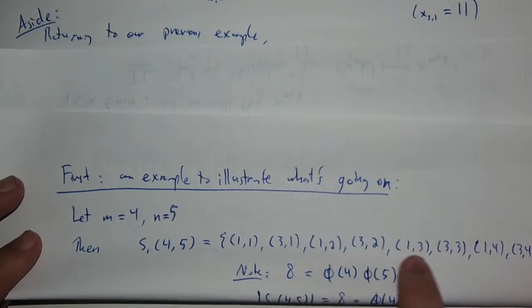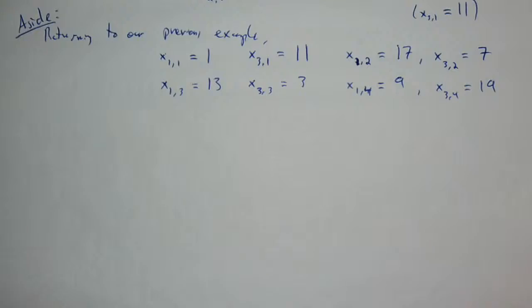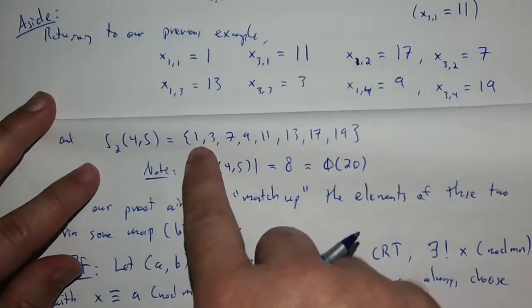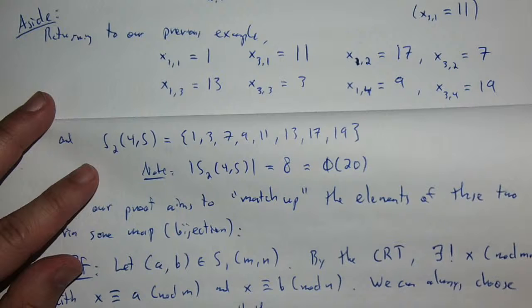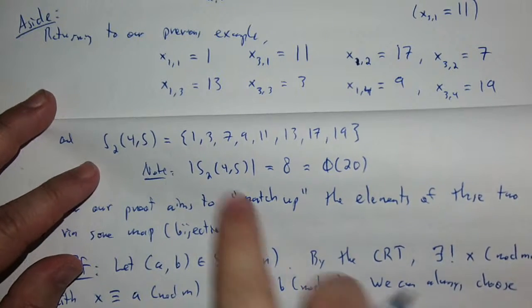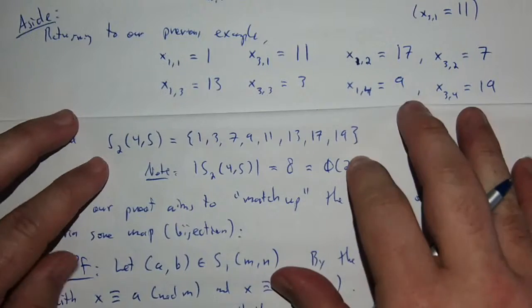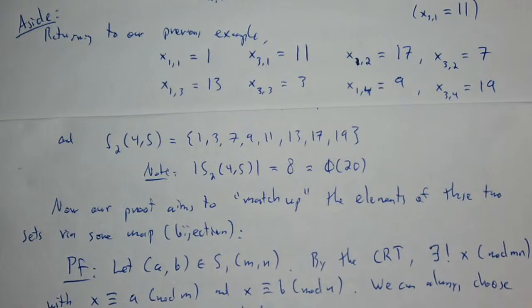Here's every ordered pair in S sub 1. Every ordered pair shows up in these subscripts and gets associated to one of these elements. But it doesn't get associated in order, okay? And that's the thing that makes this approach so nice. It doesn't actually matter the order that it gets associated in.